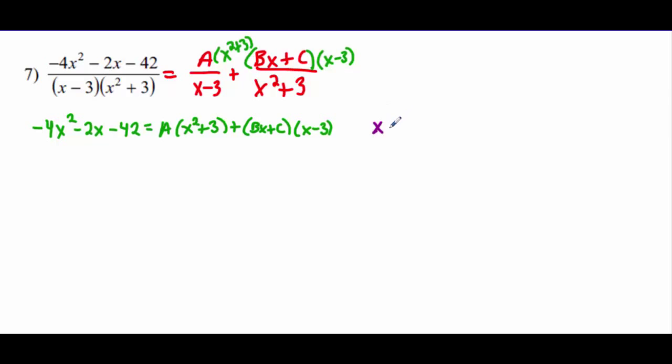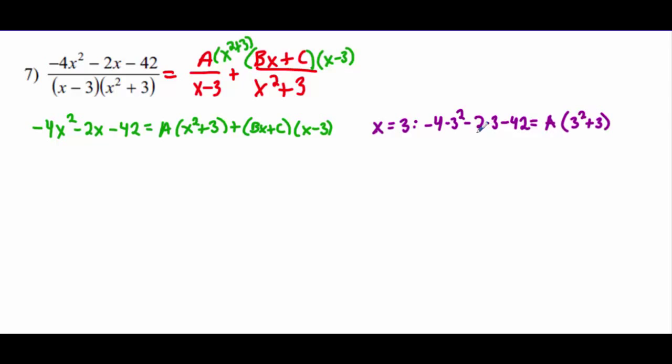If you go ahead and say, well, plugging in 3 will give me a letter, or hopefully it'll give me a letter. So negative 4 times 3 squared minus 2 times 3 minus 42 equals, it's going to cancel out the second part, so we'll just have a times 3 squared plus 3.